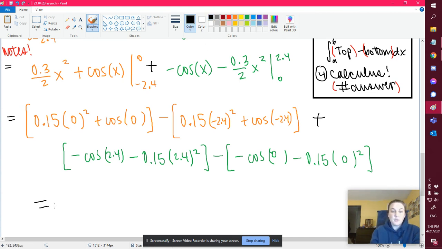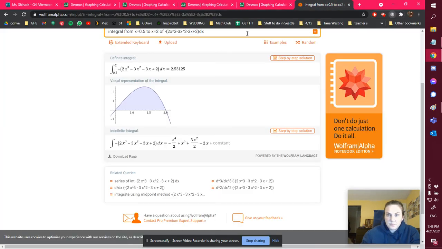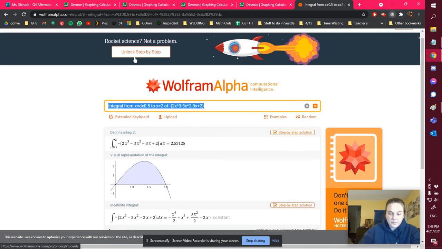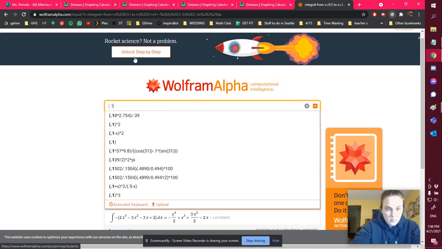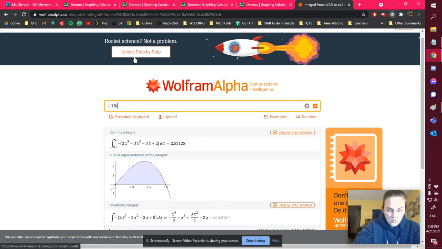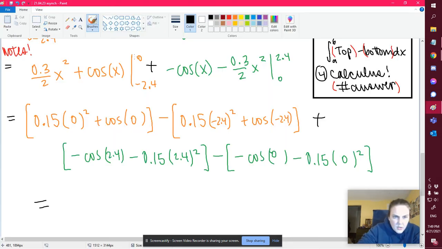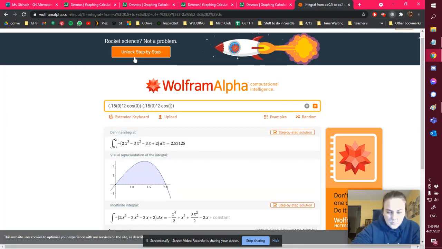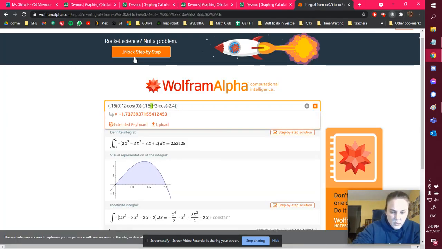This is something we put into our calculator, right? I'm going to do that now. 0.15 x squared, cosine of 0 minus. And so that was 0 up top and negative 2.4 at the bottom.